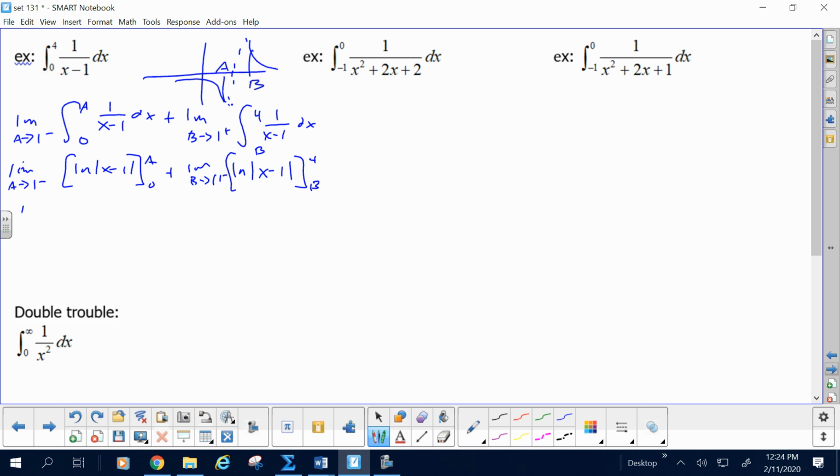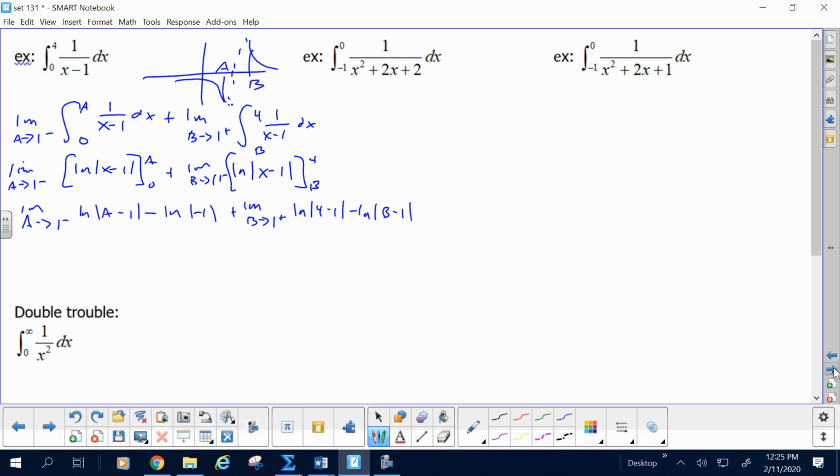The limit as a goes to 1 from below, log of absolute value of a minus 1 minus log of absolute value of negative 1. Yay? Pretty cool. Plus the limit as b goes to 1 from above of natural log of 4 minus 1 minus log of absolute value of b minus 1. Cool? Cool. All right then.